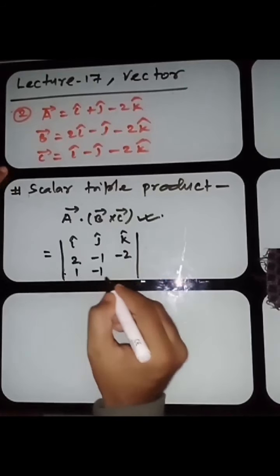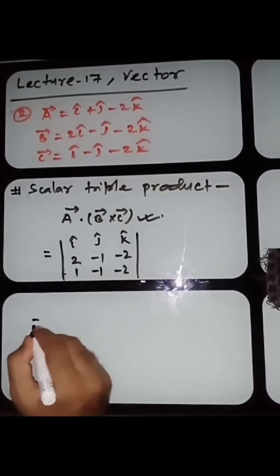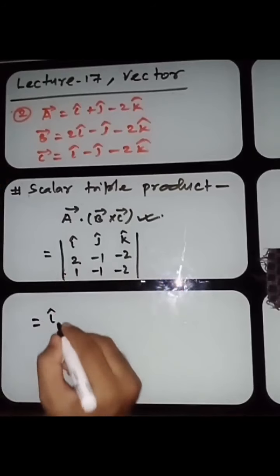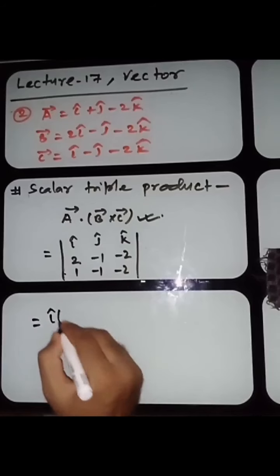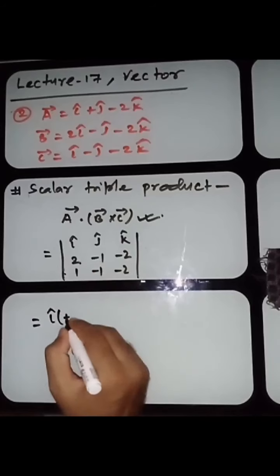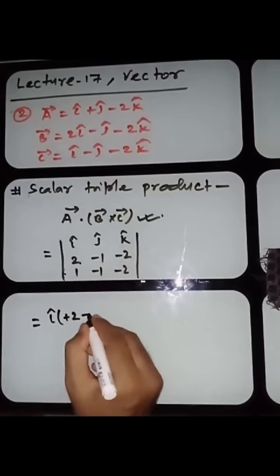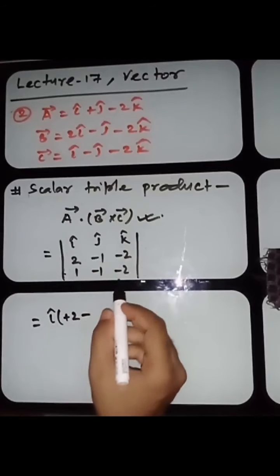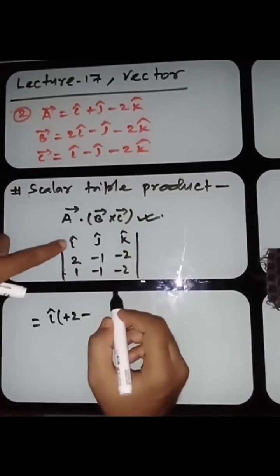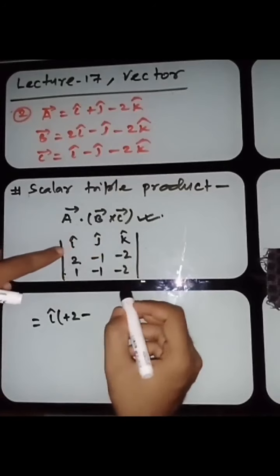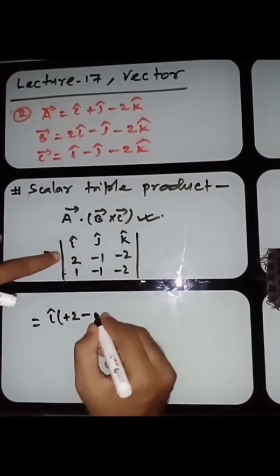C is 1, minus 1, minus 2. Let me solve it. Splitting the i, it is plus 2, and minus 2.